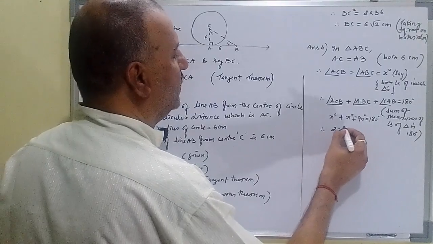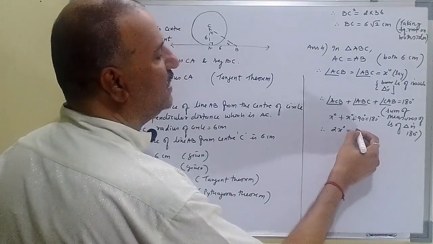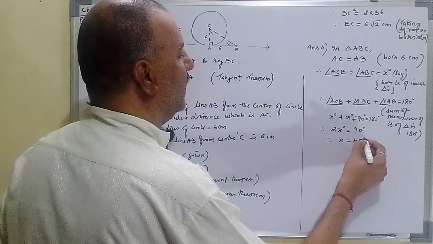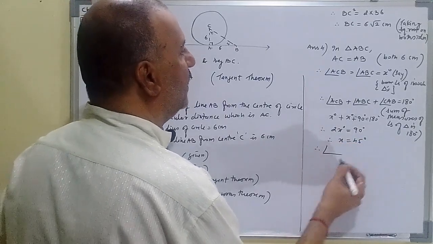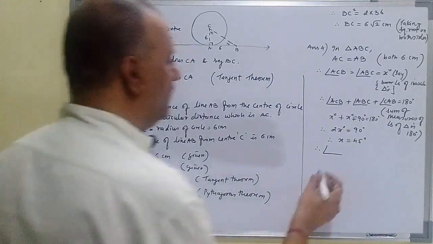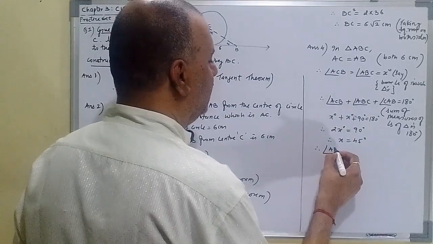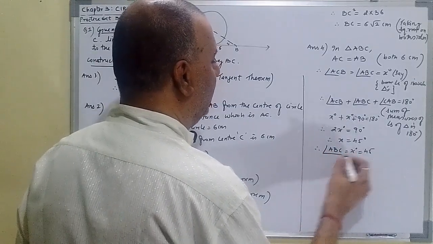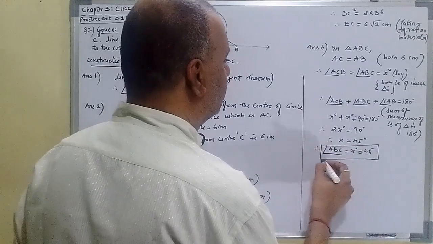Therefore, 2x degrees equal to 180 minus 90, will be 90. Therefore, x will be 45 degrees. Therefore, क्या पूछा उन्होंने? Angle ABC. Therefore, angle ABC equal to x degrees equal to 45 degrees.